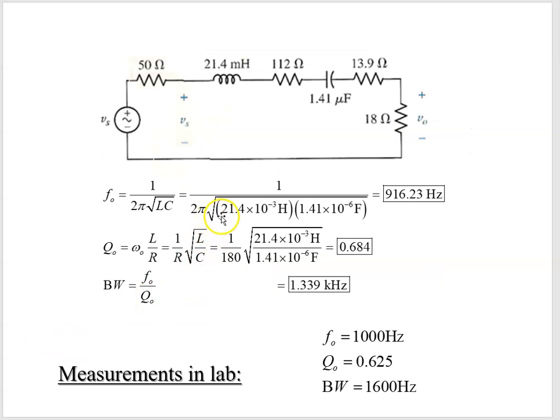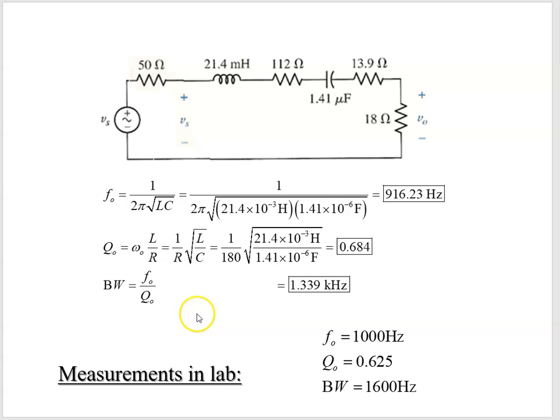Analyzing this circuit, we calculate our resonant frequency to be 916.23 hertz, closer than what we measured as 1000 hertz, but a little bit under. Our quality factor comes out close to our measurement in lab, in terms of calculations, at 0.684, and our bandwidth, F naught divided by our quality factor, is what we'd calculate, 1.339 kilohertz.